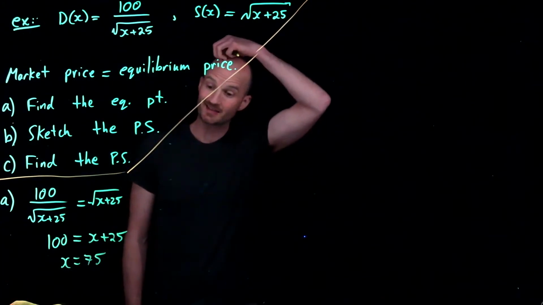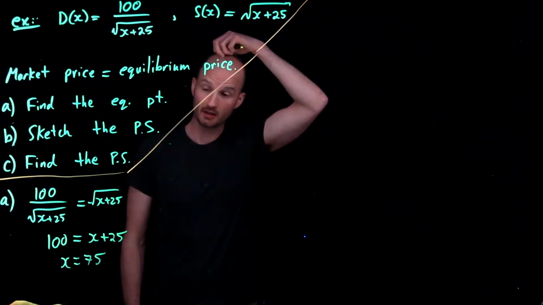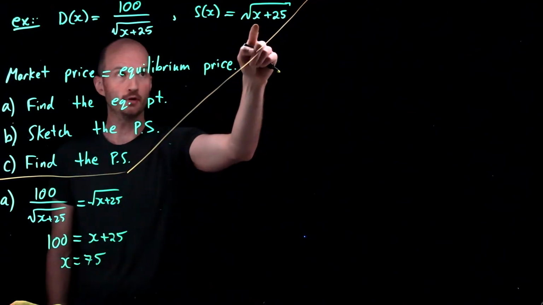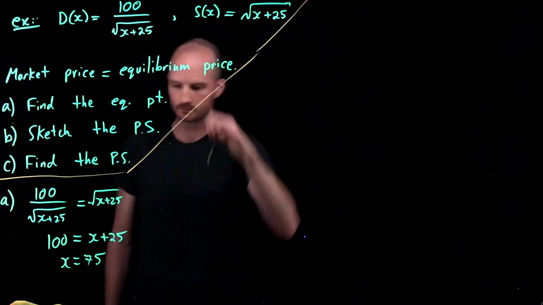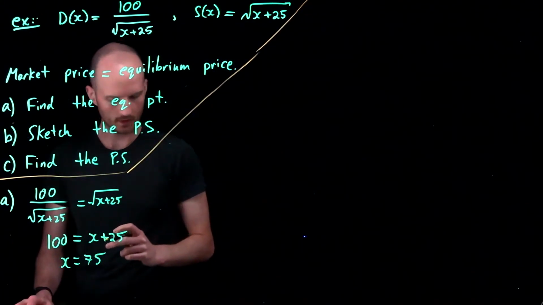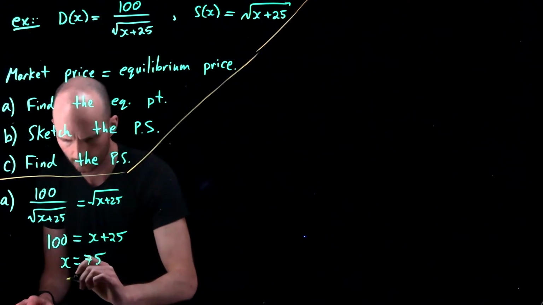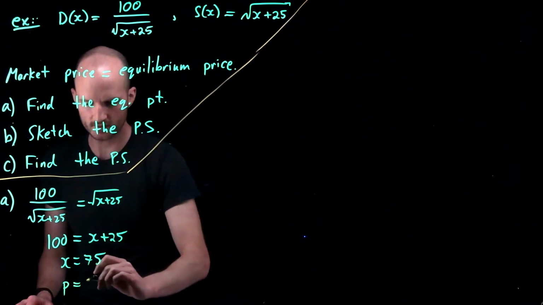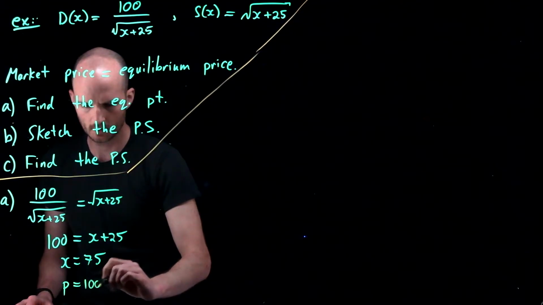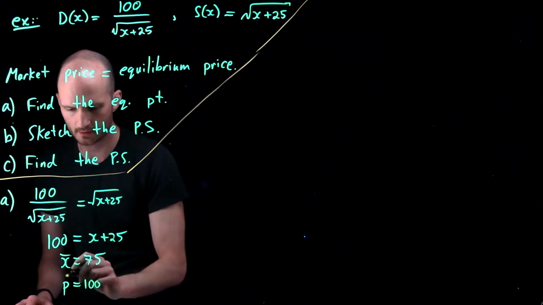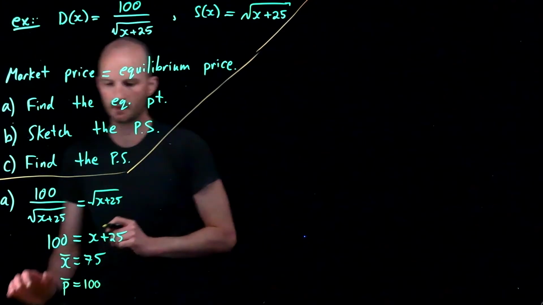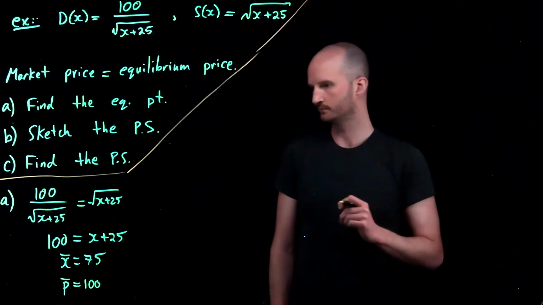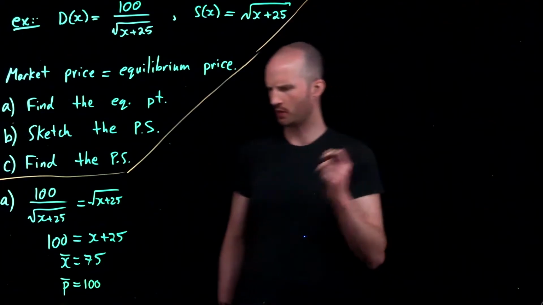And then you can take that x is 75 and plug it in either here or here, doesn't matter. Plug it in here, you get root of 100, which is 10. And we can put bars on top of x and p to indicate that we're talking about equilibrium price and equilibrium quantity.